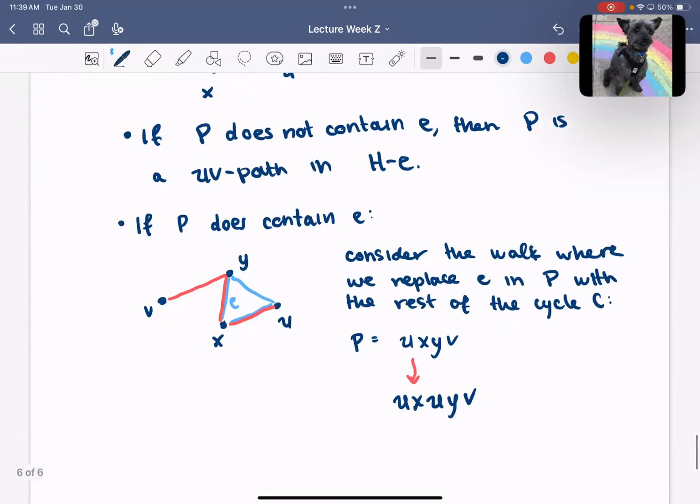Okay, does that make sense? So this is a walk, right? And we proved that walks contain paths.